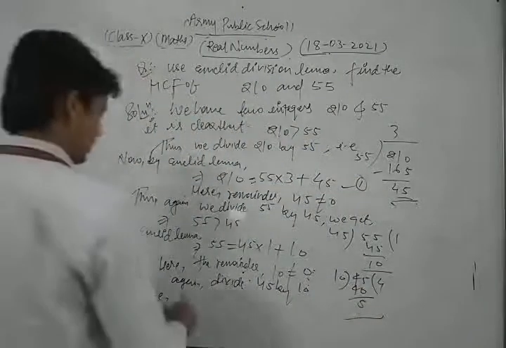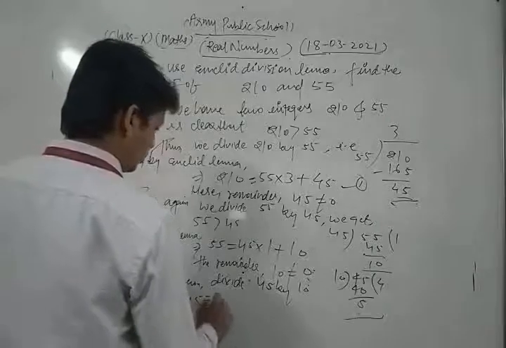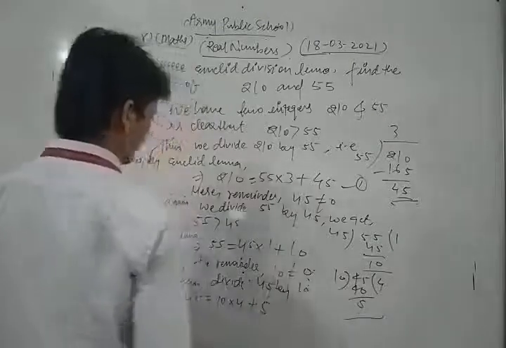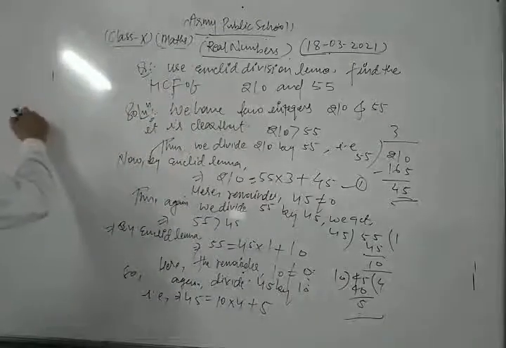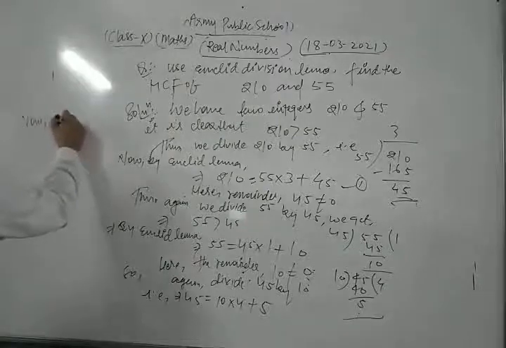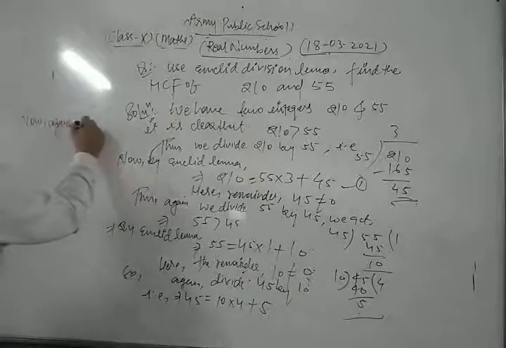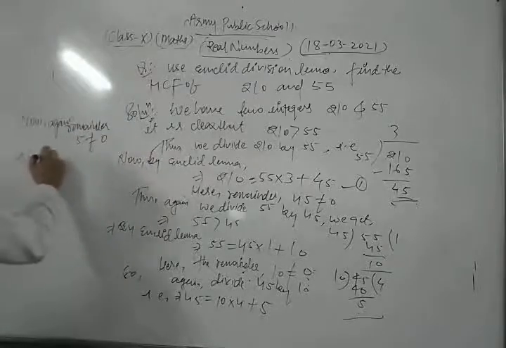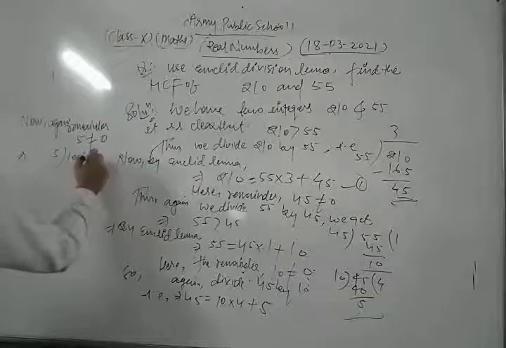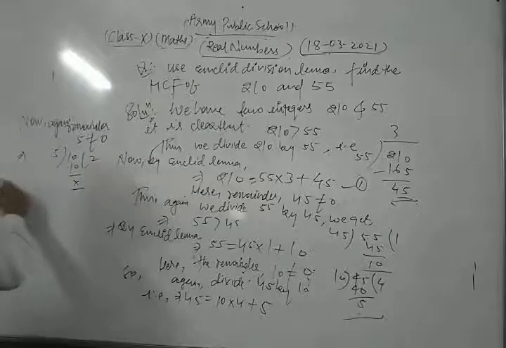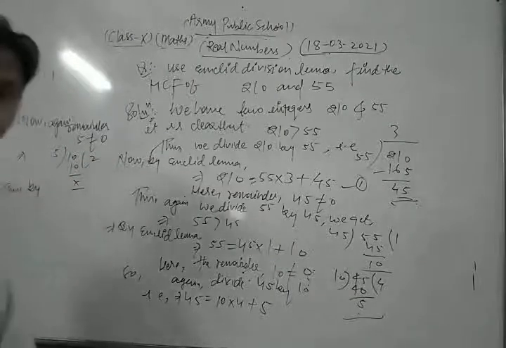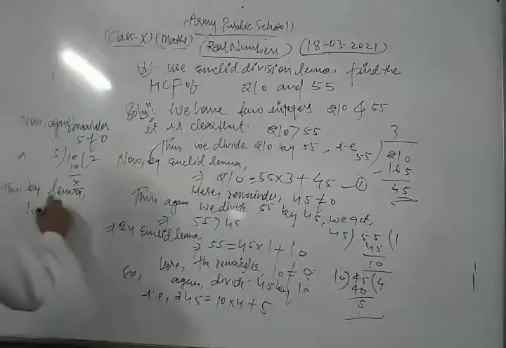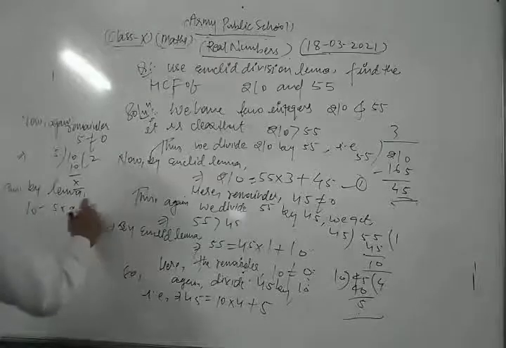Then the division lemma is 45 equals 10 into 4 plus 5. Again the remainder 5 is not equal to 0. So again we divide 10 by 5: 5 twos are 10. So by lemma, 10 is equal to 5 into 2 plus 0.